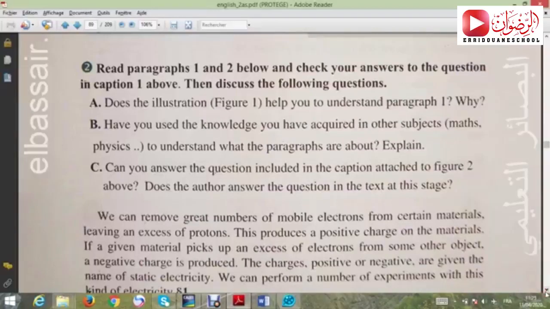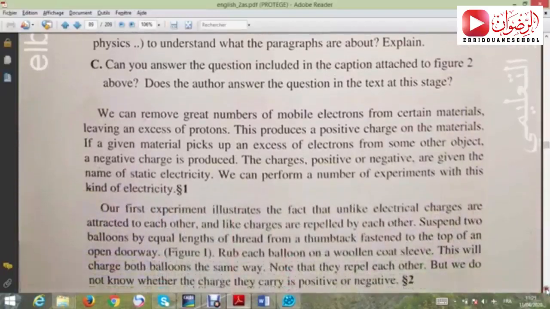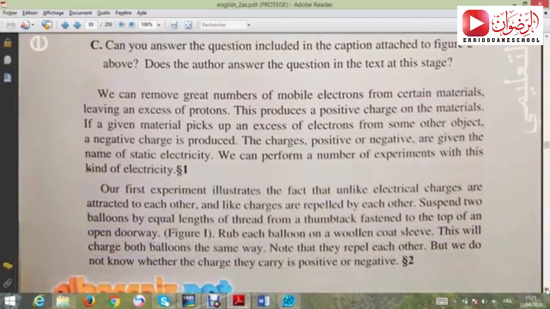Have you used the knowledge you have acquired in other subjects like math, physics and so on to understand what the paragraph is about? Explain. Can you answer the question included in the caption attached to figure 2 above? Does the author answer the question in the text at this stage? So let's read the text carefully, then we'll answer the questions.